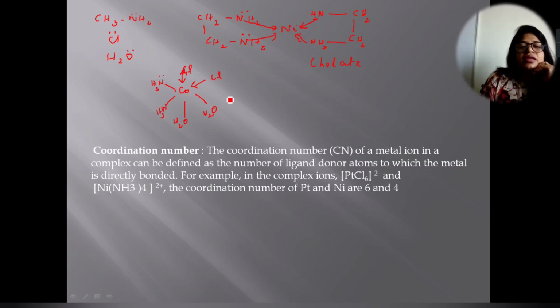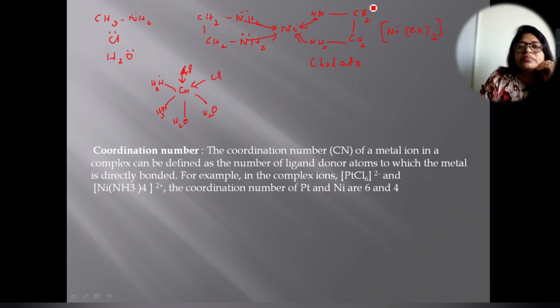Now, when I write the formula of the complex, how will I write? Here I can write Ni. Instead of CH2 CH2 NH2 NH2, such a big formula, in short we can write it as en. It is agreed by IUPAC. 2 ethylene diamine is there, so I write it like this.